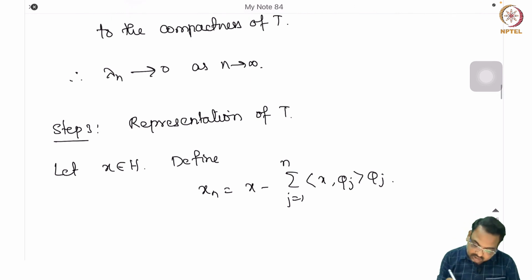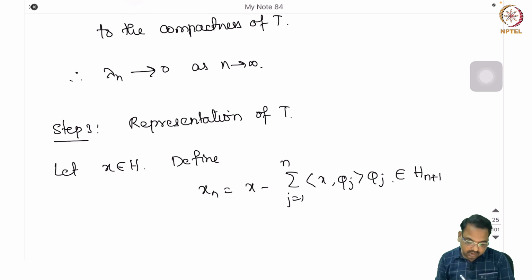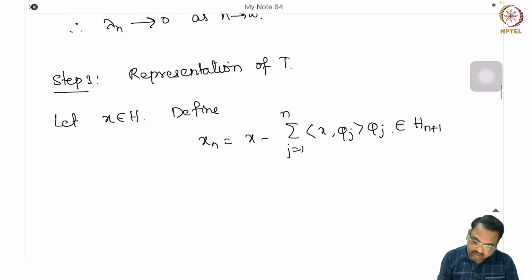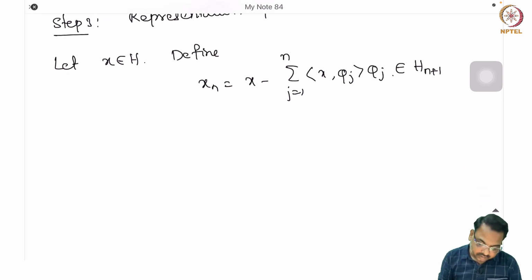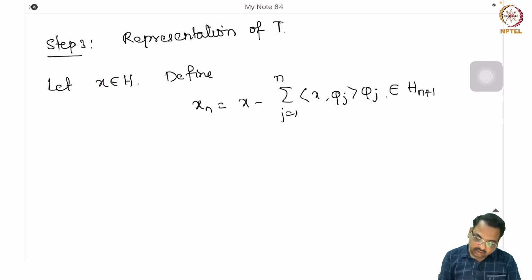We can show that this is an element of H n plus 1, because if you look at the inner product of xn with phi j, that is nothing but inner product x with phi j minus inner product x with phi j for all j equal to 1 to n. So this is orthogonal to all the vectors in the span of phi 1, phi 2, up to phi n. So we can conclude that this element is in H n plus 1.